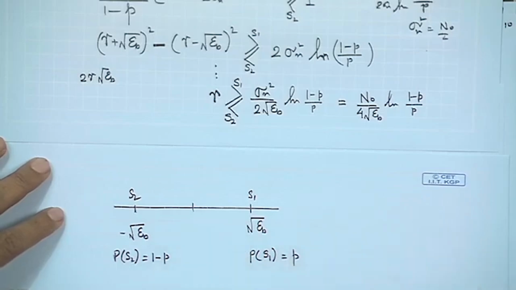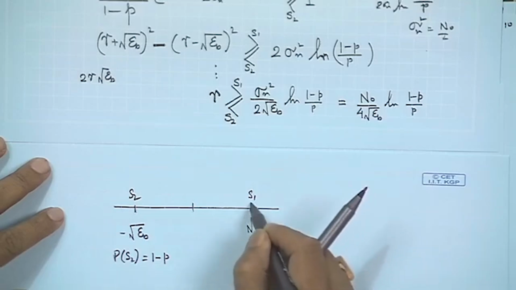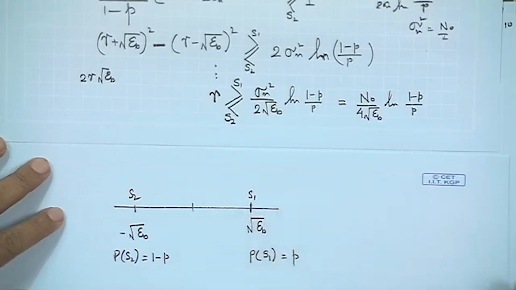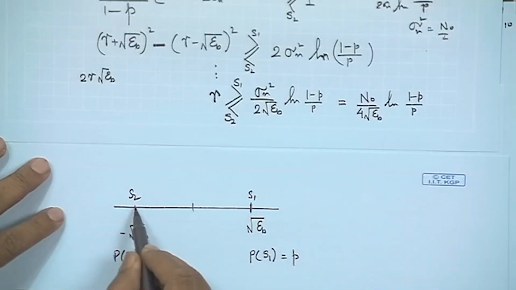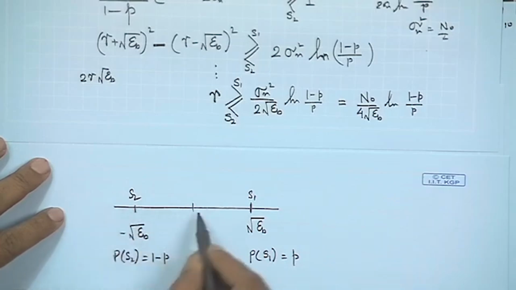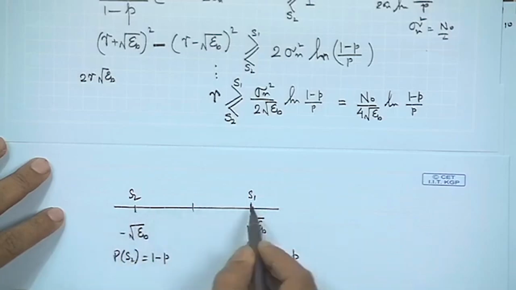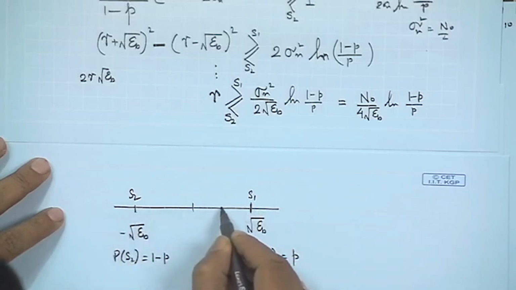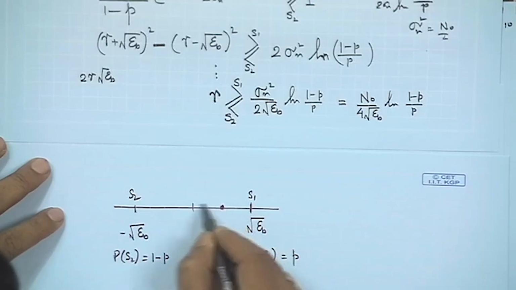Then the matched filter produces some r. Suppose S1 has been sent, noise will corrupt it and it will be somewhere. If S2 would have been sent, noise would have got added and it would have been somewhere. Now suppose which one is sent we do not know, but we have received an r which is here.